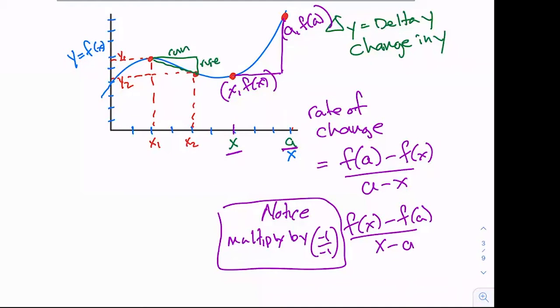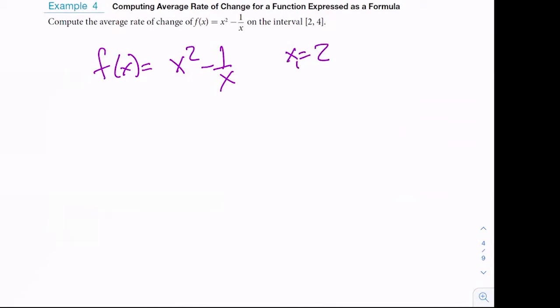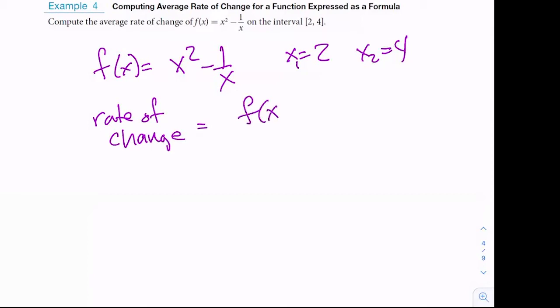And so we've done some examples where we've had to simplify an expression like that for some basic formulas. As an example in the class, we have things like this, where f of x is some function of x, and we want to look at the interval where x1 equals 2 and x2 equals 4. Then the rate of change is going to be f of x2 minus f of x1 over x2 minus x1.